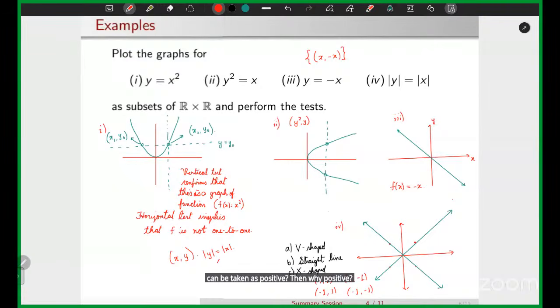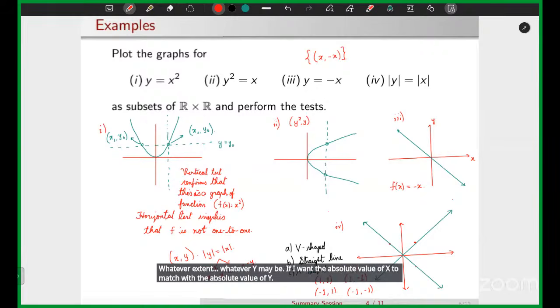So I would say that this has two cases. It's either x is equal to y or x is equal to minus y. Whatever x and whatever y may be, if I want the absolute value of x to match with the absolute value of y, what are the two cases?